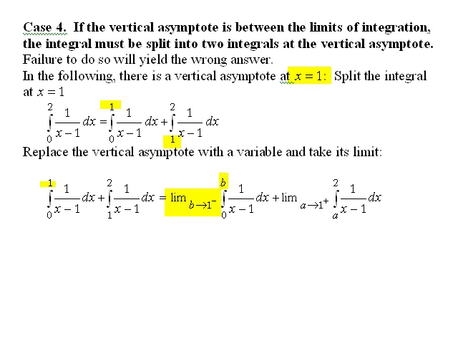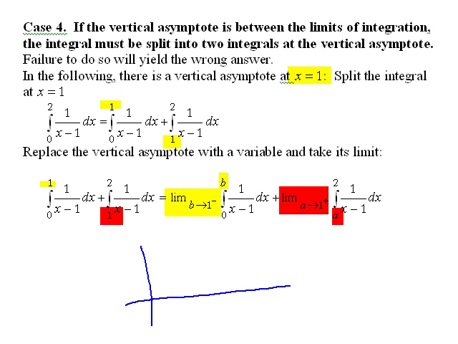but from the left-hand side. Right. And now the other integral, we have 1 replaced by a, but we're going to take this limit as a approaches 1 from the right-hand side. If you think of how you're integrating, see this is x, y, you're integrating from 0 to 2.